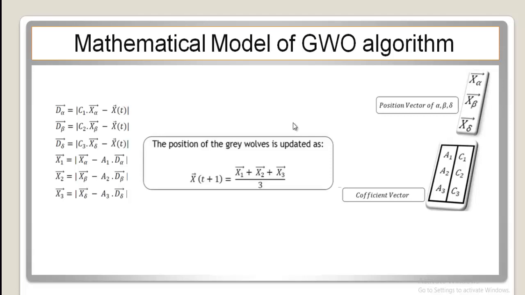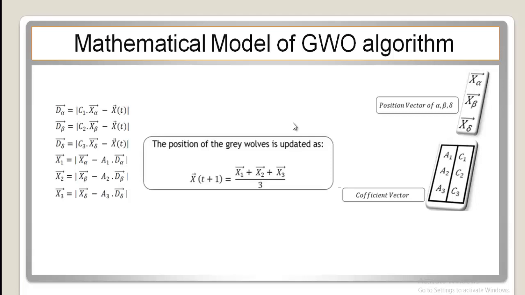The formula ensures that each agent is influenced by the leading three values, guiding the agents toward the best one. These updated positions allow the algorithm to balance exploration and exploitation, with the agents closing in as they progress through the iterations.